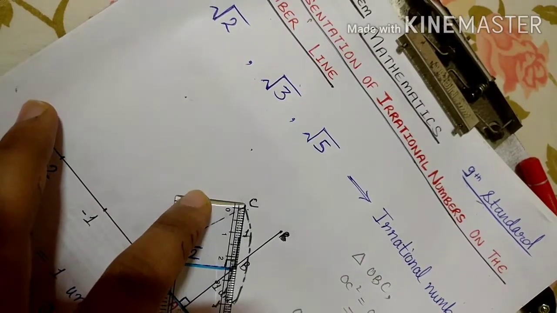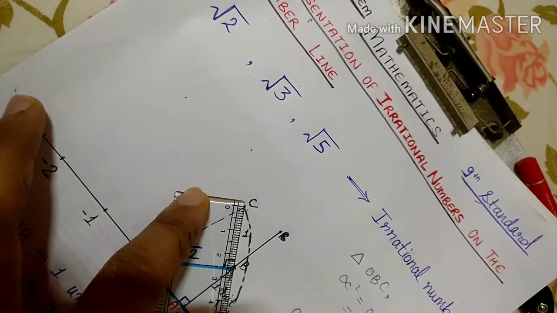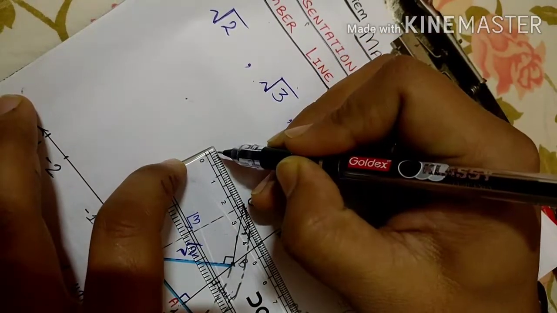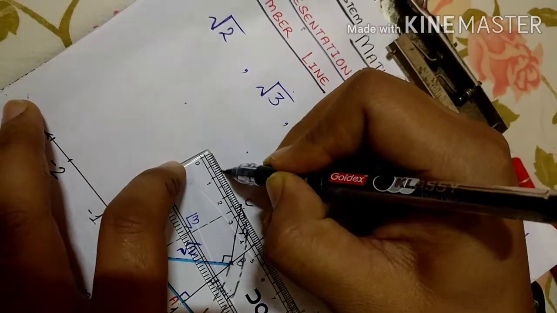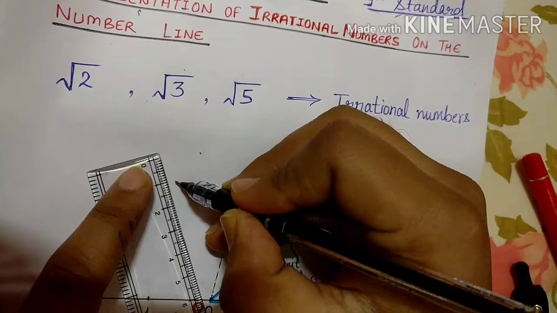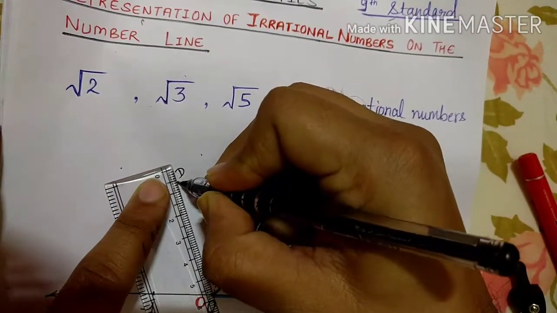Just measure this much, 2.5 inches, and draw a straight line perpendicular to point C. Now give this the name D and join this one.